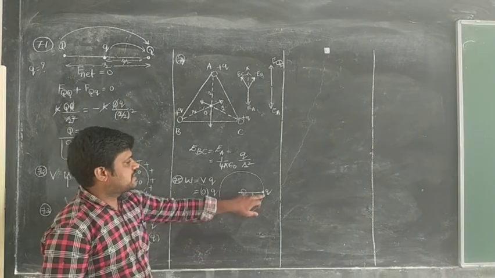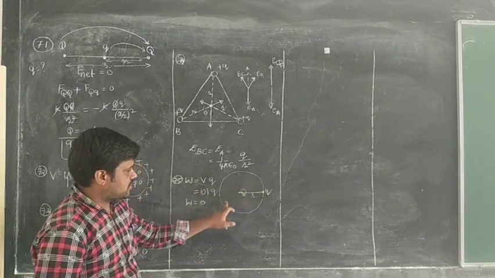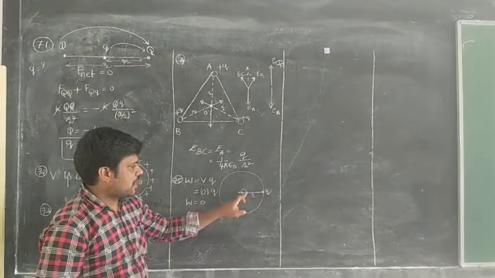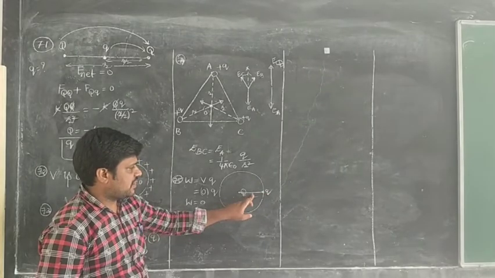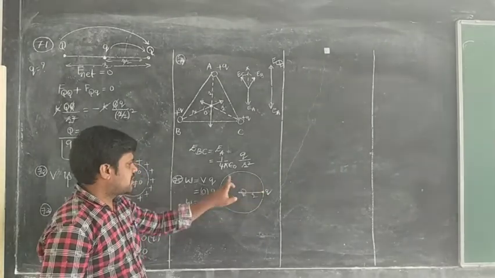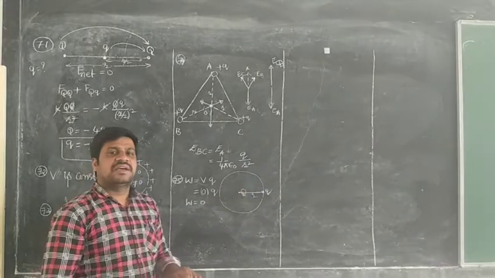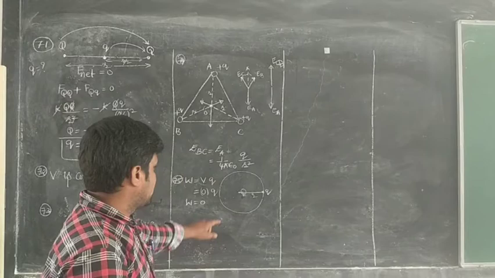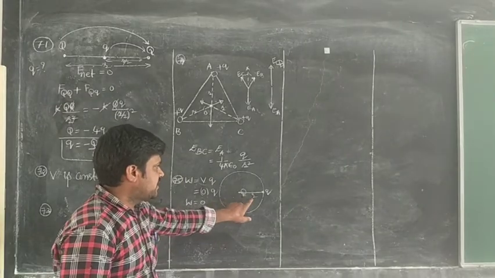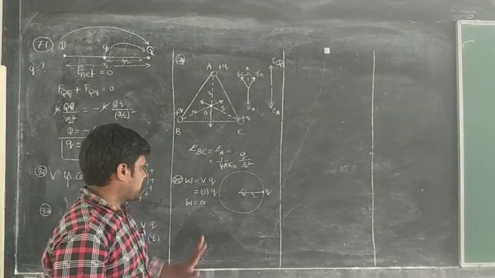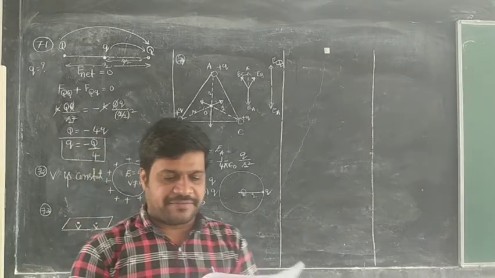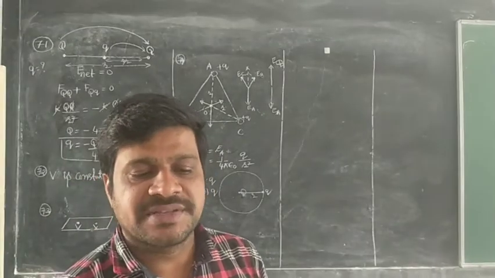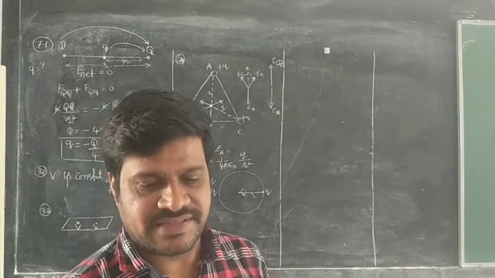Sir, why is work done 0? To rotate the charged particle small q around the capital Q charge of radius R, on this circular path at every point electric potential is constant. Why? Because charge capital Q is same, distance is same. So which option is correct for 75? Option C is correct. That is 0.